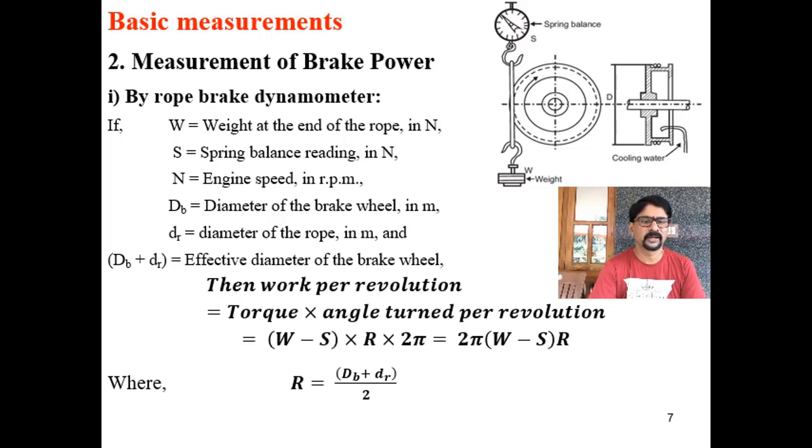The engine is run at constant speed, and you have to apply the load. Load can be varied from 0 to full load in steps, maybe 25%, 50%, 75% of full load, and 100%, that is full load.